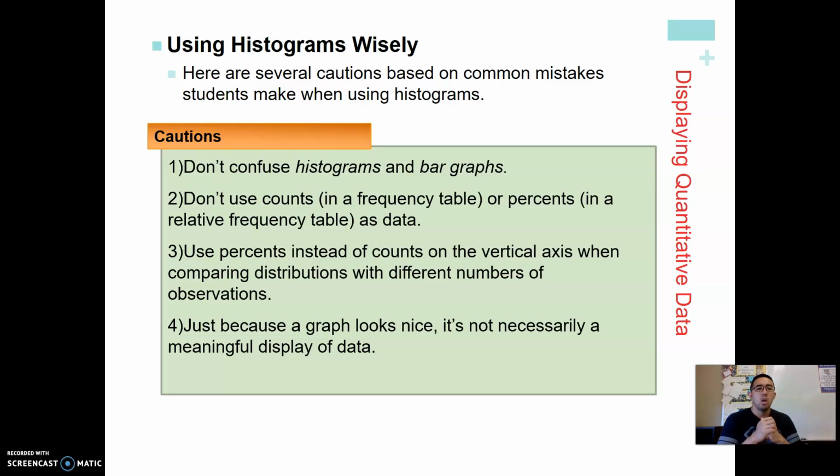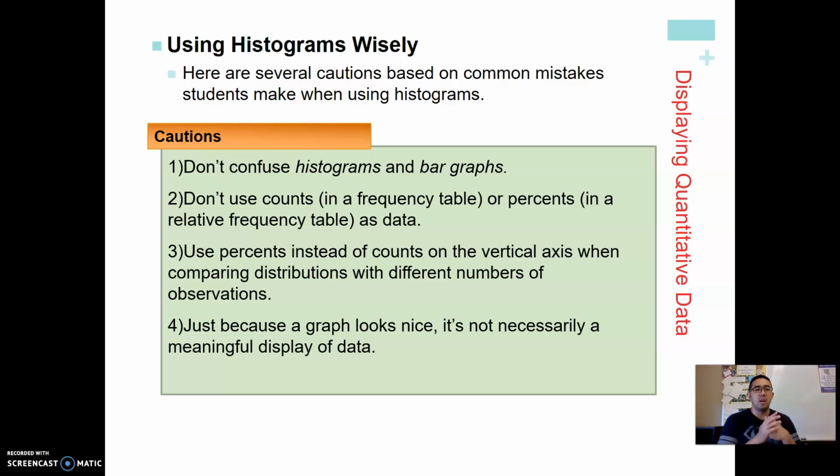Let me check on that. Use the percent instead of counts on the vertical axis when comparing distributions with different numbers of observations. Okay, yep, that's true. Because if you have different sets of data with different numbers of people that were surveyed, then you want to go with the percent versus the actual number, because if you compare the actual numbers, you might get confused, okay?